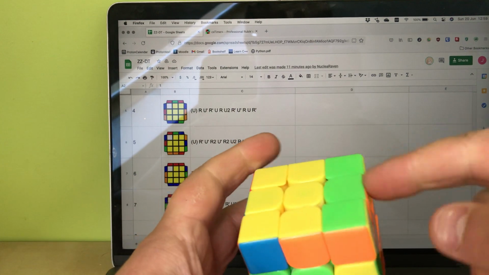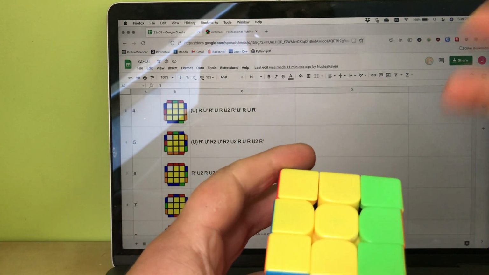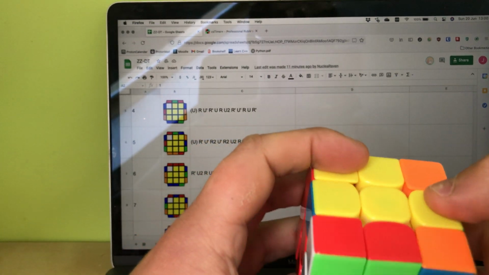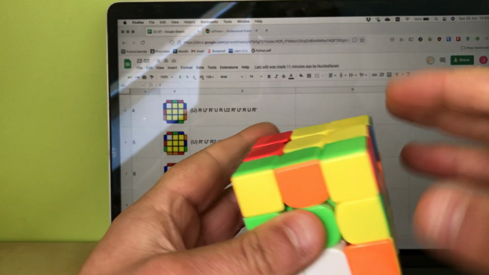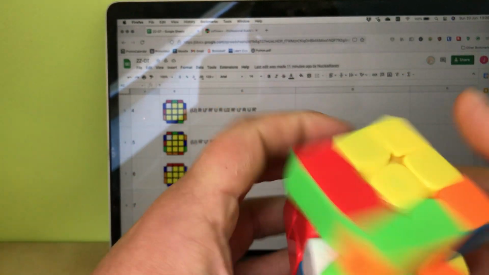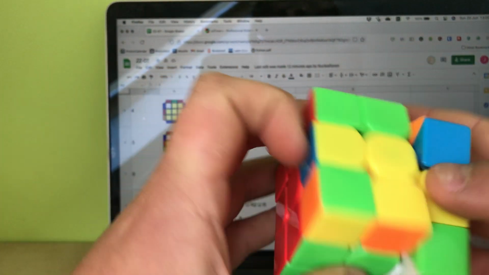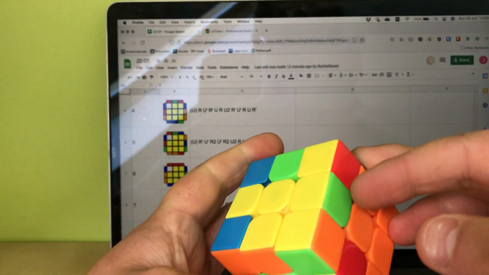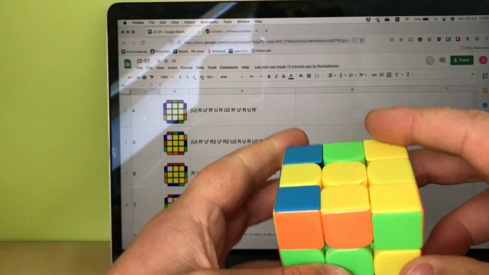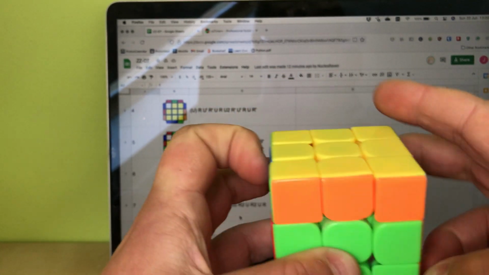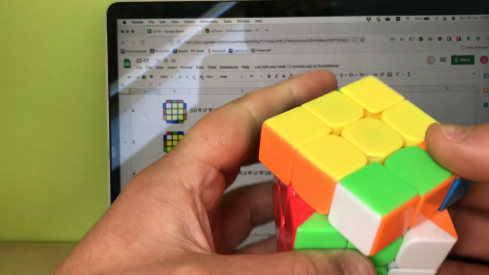And one of them, when the edge is on the right, R F R prime U, insert the edge into there, but while you do it, cancel into that. And the other one is when the edge is in the back, you do R F U R prime U prime R F prime R prime. And that will also solve CP.